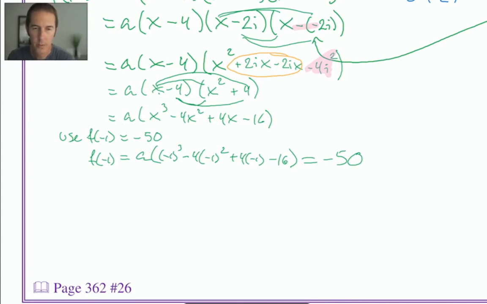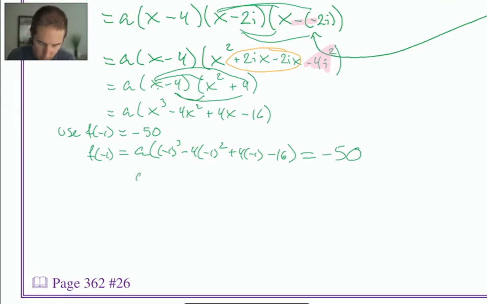Negative 1 to the third is negative 1. Minus 4 times 1, so that's still a minus 4. Plus 4 times negative 1, that turns that into a minus 4. This is still a minus 16, and it still equals negative 50. So this is equal to negative 5.